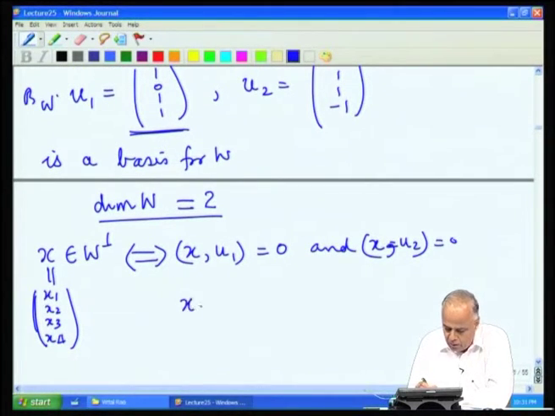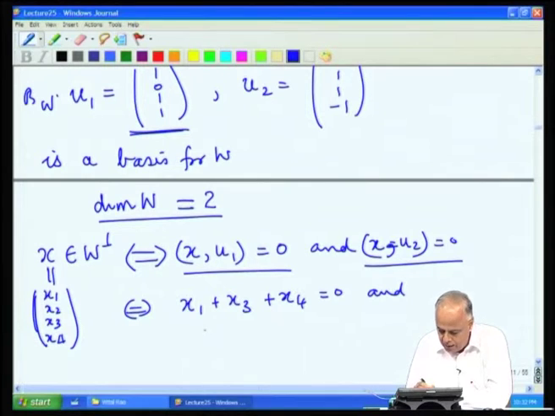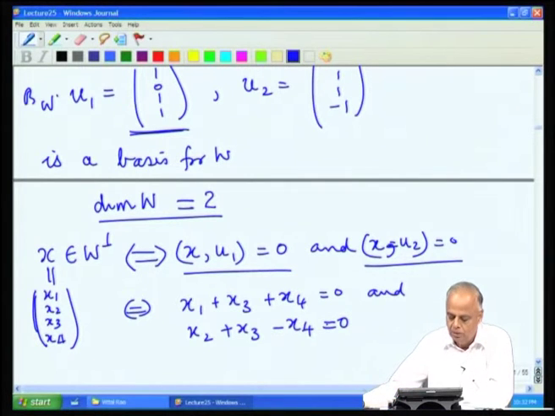So, we get x1 plus x3 plus x4 equal to 0. Then the second condition tells us that x2 plus x3 minus x4 is equal to 0.